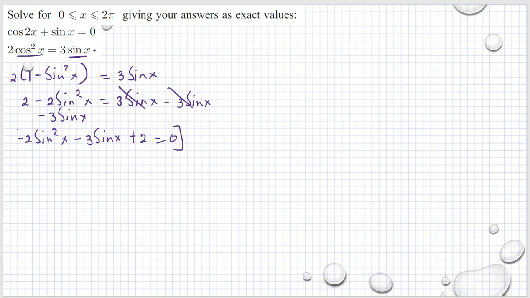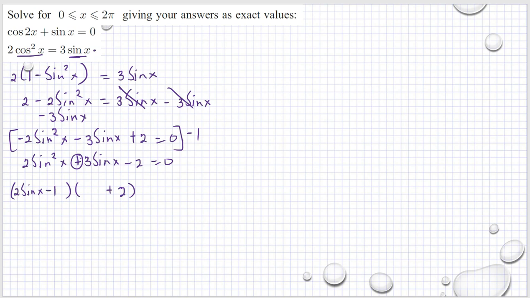If we multiply all the terms by negative 1, then we have 2 sine squared x plus 3 sine x minus 2 is equal to 0. Okay, then we have 2 sine x. We have positive here. That means we have plus 2 there. So we have 4 already.